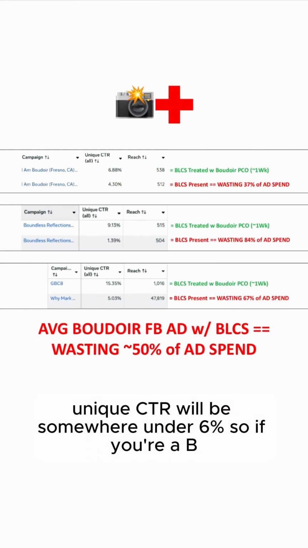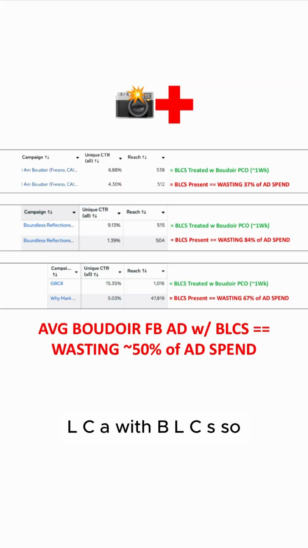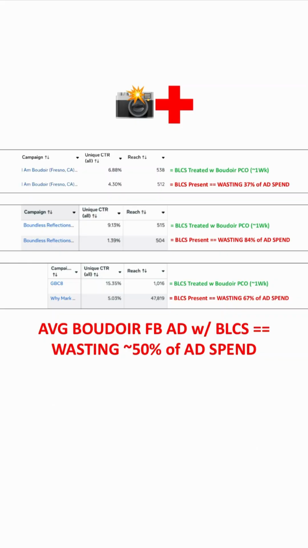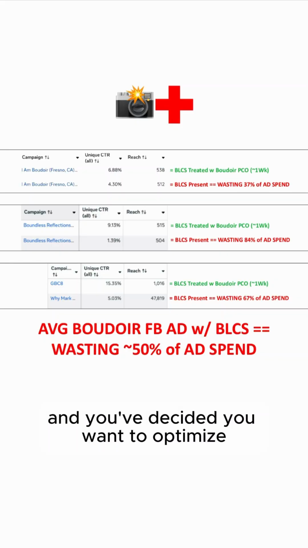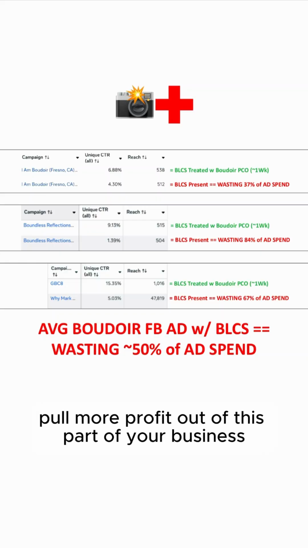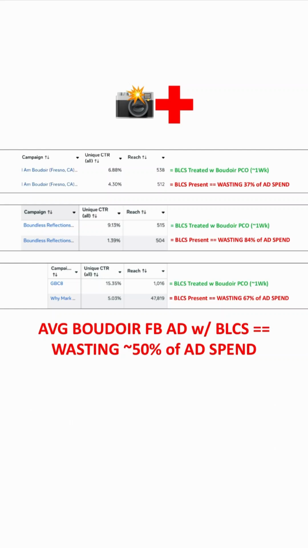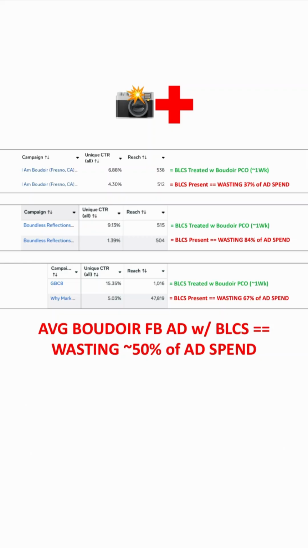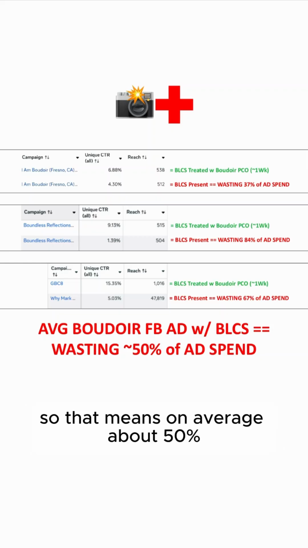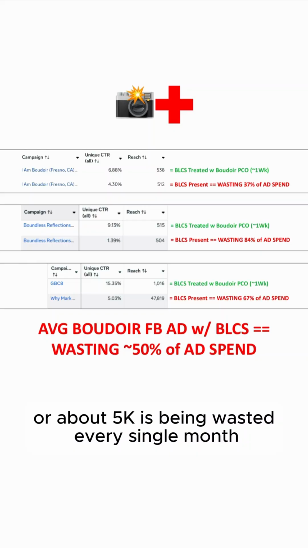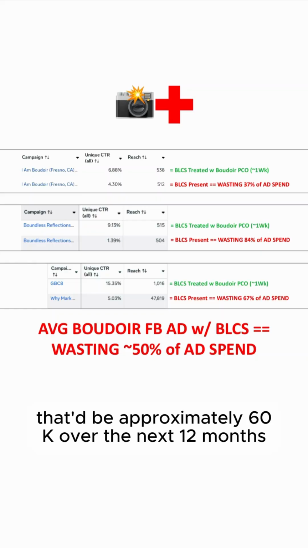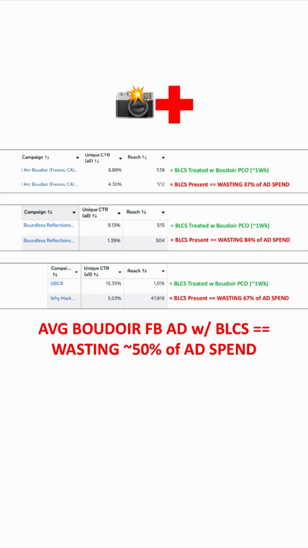So if you're a Boudoir low-click advertiser with Boudoir low-click syndrome, and you've decided you want to optimize and pull more profit out of this part of your business, and you're spending more than 10 grand a month in Boudoir Facebook ads, that means on average about 50%, or about 5K, is being wasted every single month, and you want that back in your pocket. That'd be approximately 60K over the next 12 months.